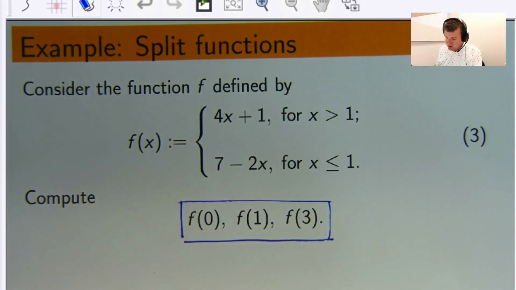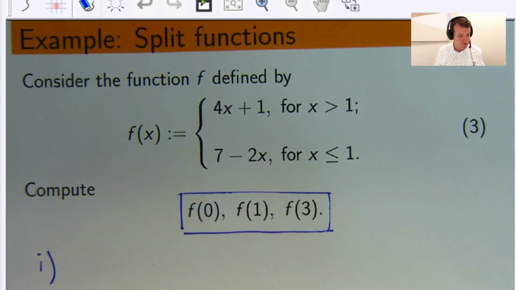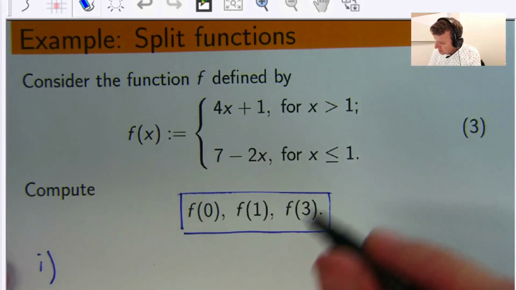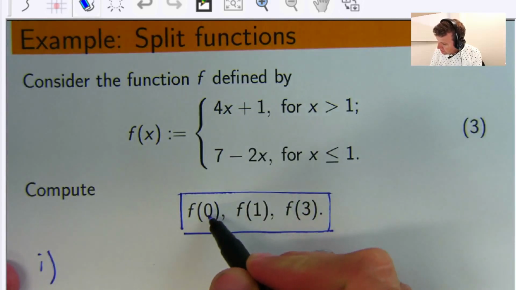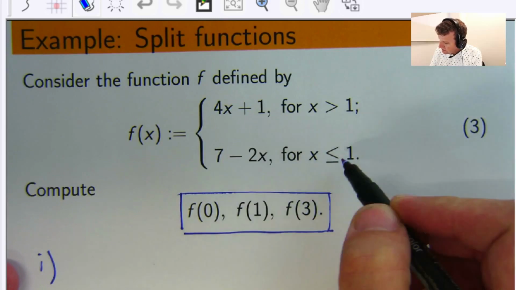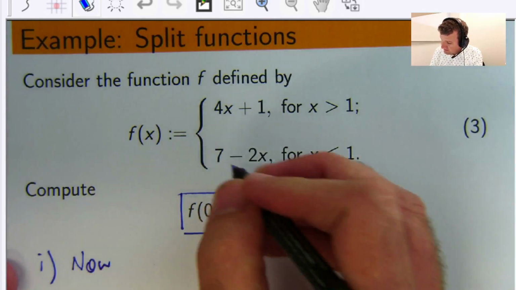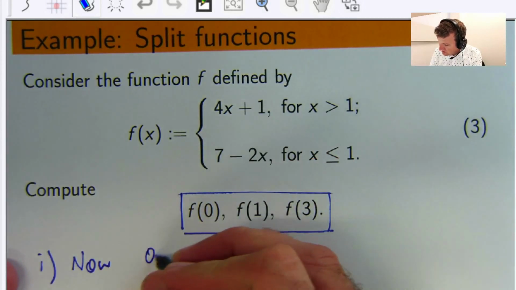Let me just do it algebraically first. Let's work out f of 0. The input, 0, is less than or equal to 1, so this is the part of the function that we're dealing with.